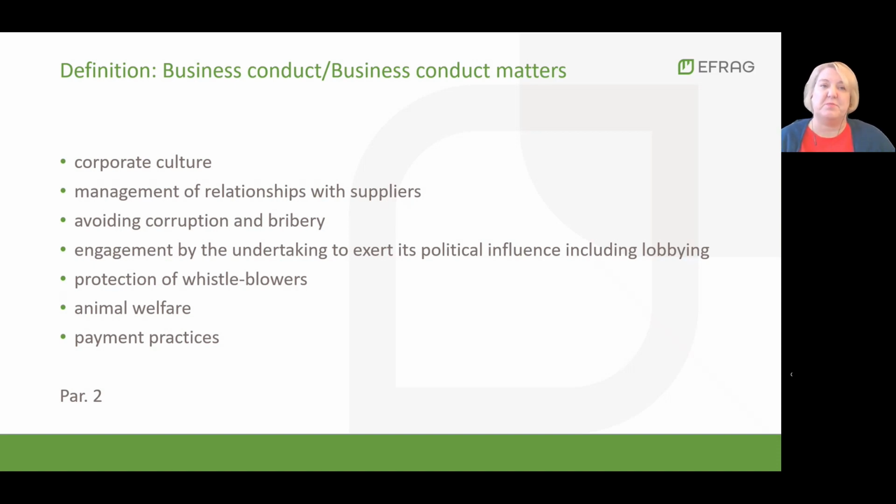So we have, as I just mentioned, corporate culture, the relationship with suppliers, corruption and bribery, political influence and lobbying, whistleblowers, animal welfare, and payment practices, which is a subset of the relationship with suppliers. So this is the definition of business conduct and business matters in paragraph 2 of the standard.